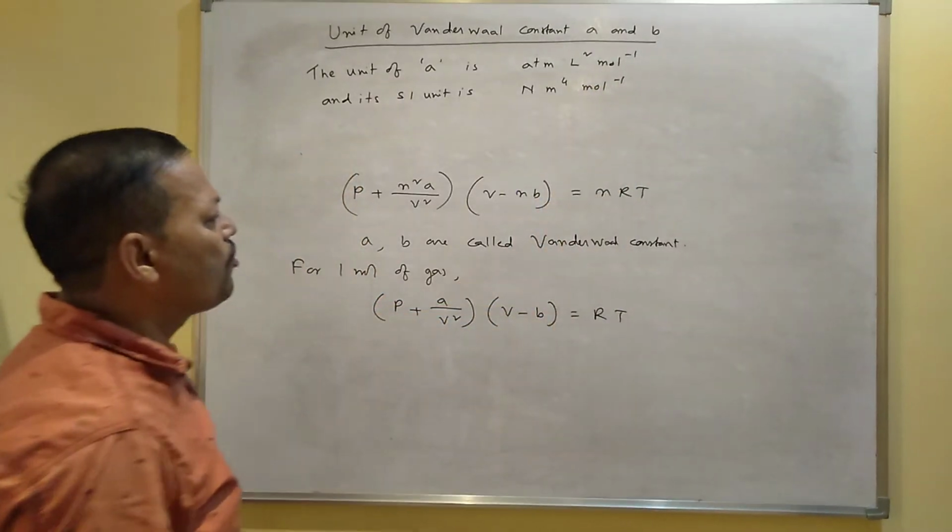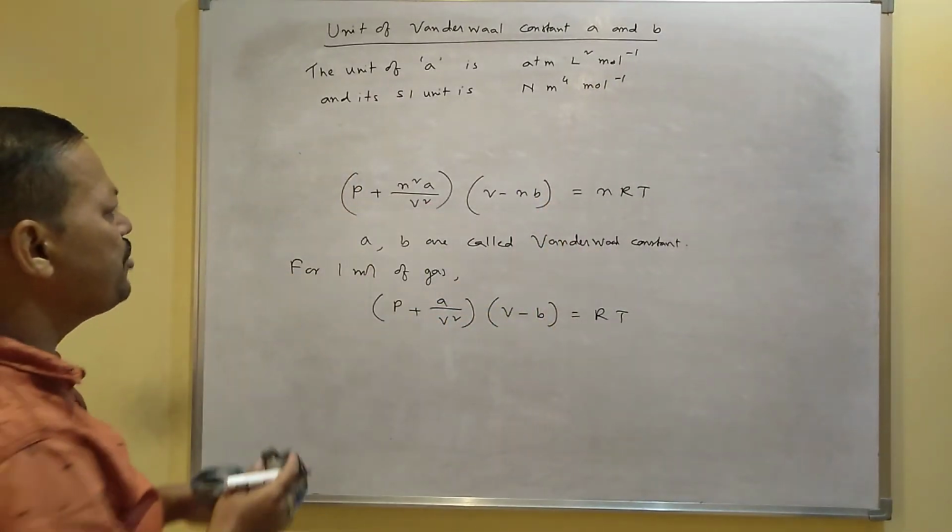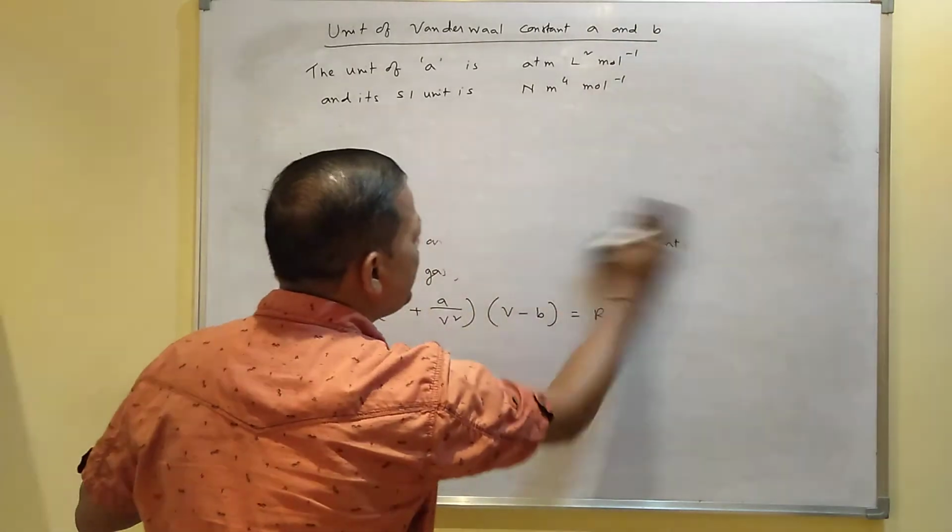This is the unit of the van der Waals constant A. These units are very important in the exam, as the unit is often asked.